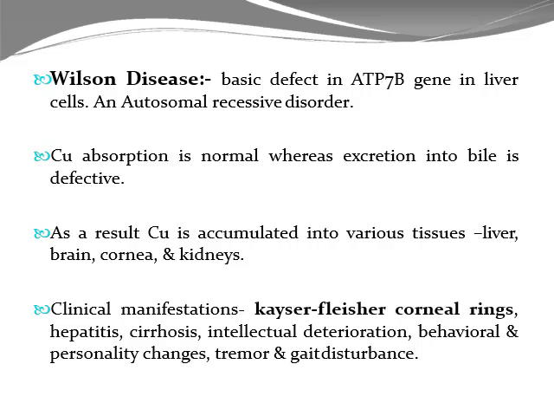As a result, copper will accumulate and ultimately deposit in several tissues and structures like liver and brain, and it has a typical specific clinical manifestation called Kayser-Fleischer rings, corneal rings you'll find in the eyes. It may cause hepatitis, cirrhosis, and if it affects the brain, may cause behavioral changes, personality changes, tremors, etc.